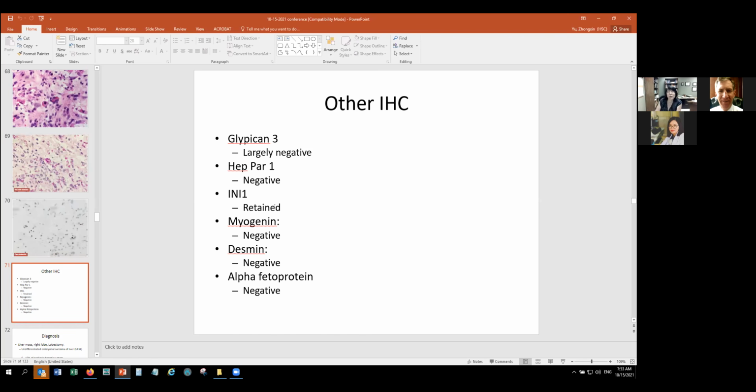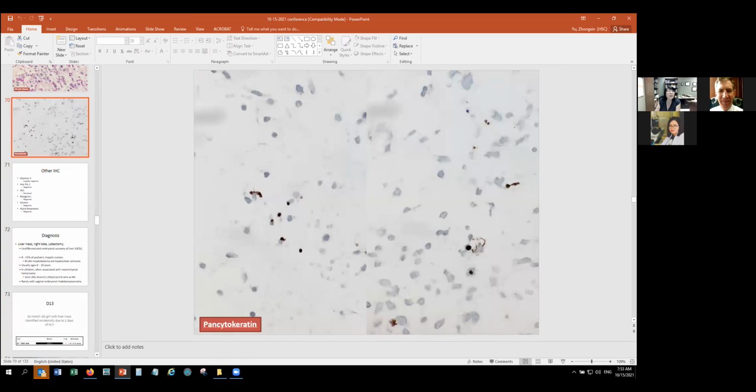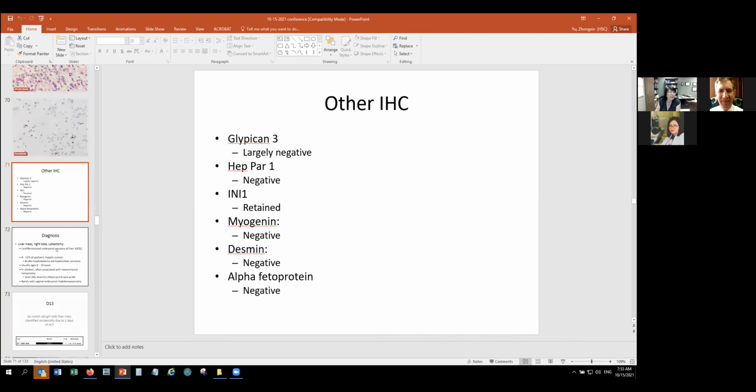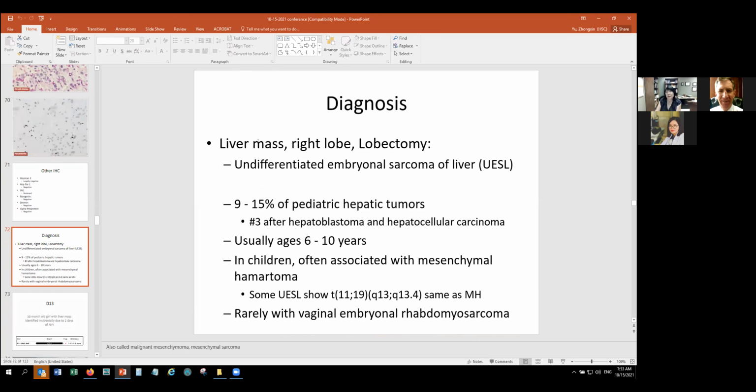Of course, the morphology does not fit either, but we do it anyway. Alpha-fetoprotein negative. There's a little bit of perinuclear dot staining for pan-cytokeratin. So the diagnosis, pediatric liver mass right lobe, is undifferentiated embryonal sarcoma of liver.